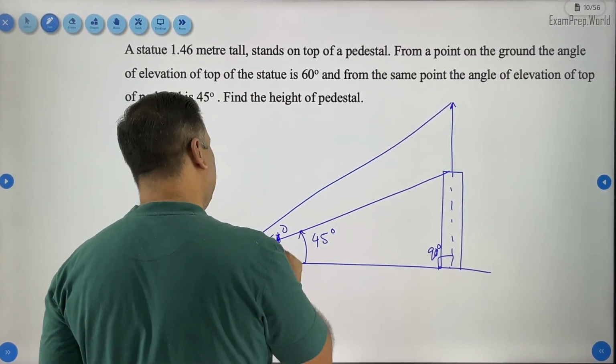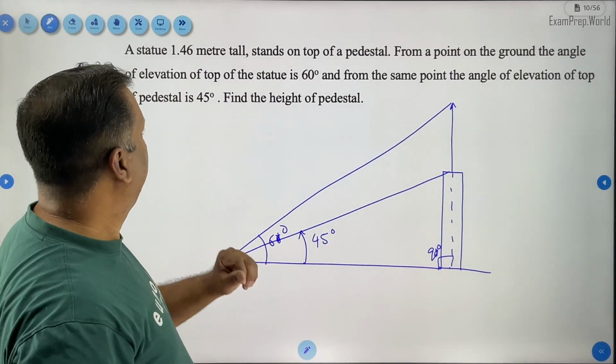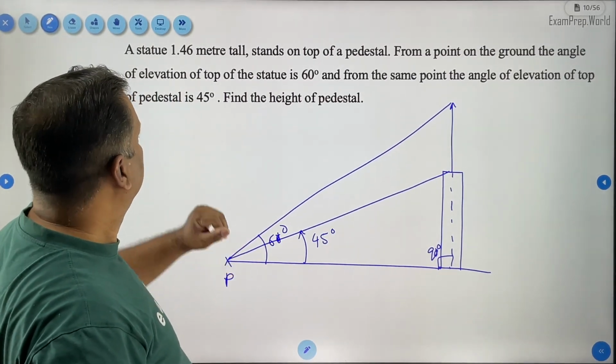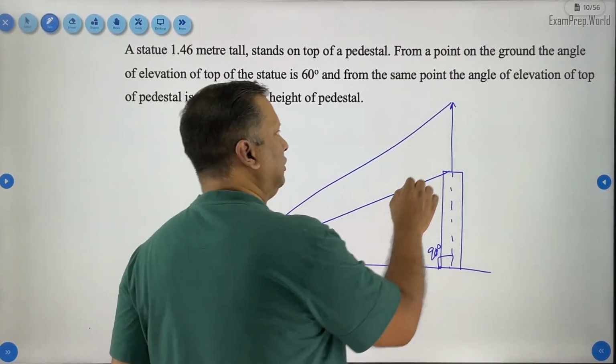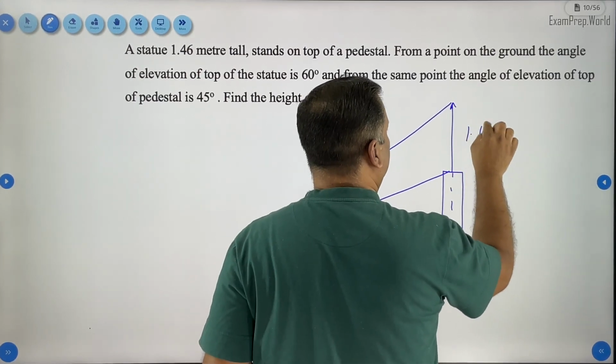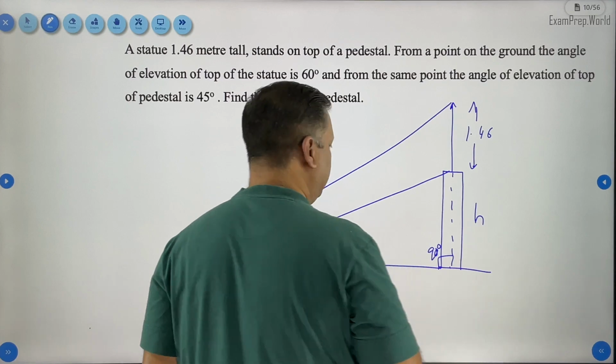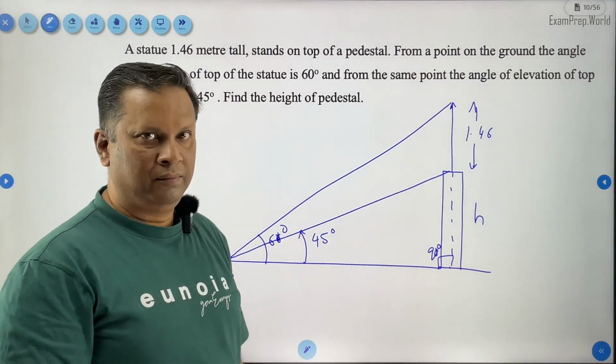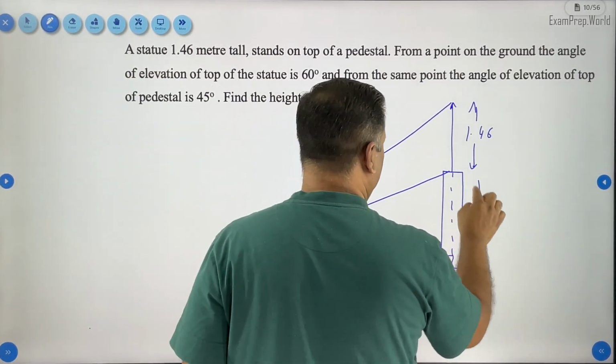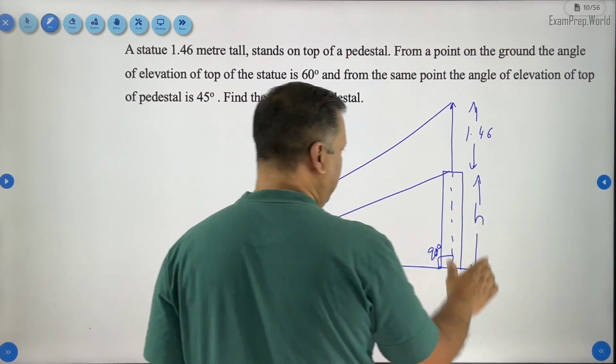So we have 60 and 45. The statue is how much? 1.46. They have given us this is 1.46. They want us to find the height of the pedestal. Whatever they are asking us to find, I just kept h.